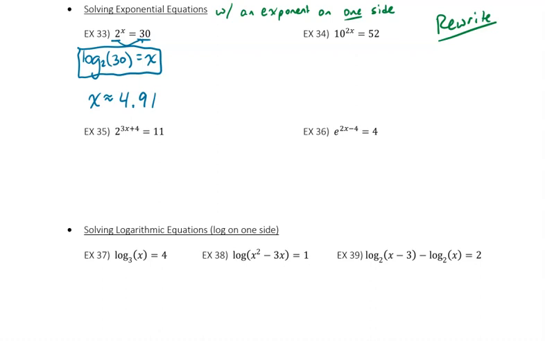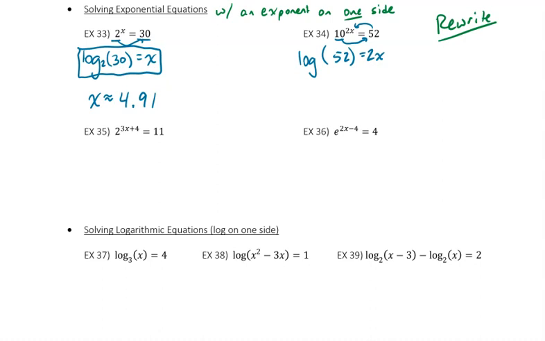So again, we're going to start out by rewriting this. So it's log base 10 of 52 equals 2x. Now remember, log base 10, we don't actually have to write the 10. So we can just write log of 52, and this one's going to be important because your calculator is probably going to have a log button that doesn't have any base with it.